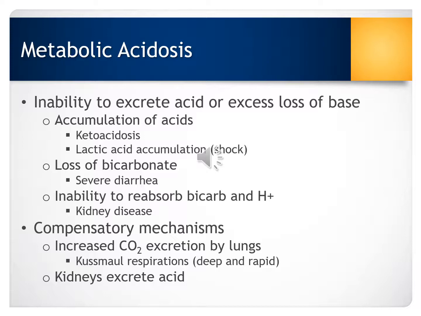In kidney disease, there can be an inability to reabsorb bicarb and hydrogen ions. The compensatory mechanism in response to metabolic acidosis is to increase CO2 excretion from the lungs. This may be where you see a patient having Kussmaul respirations, which are deep, rapid breathing. Also, the kidneys will attempt to excrete additional acid.